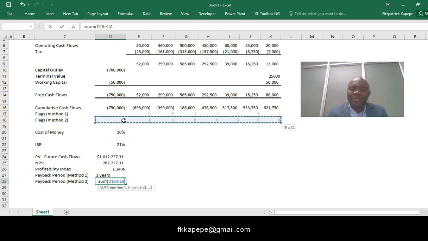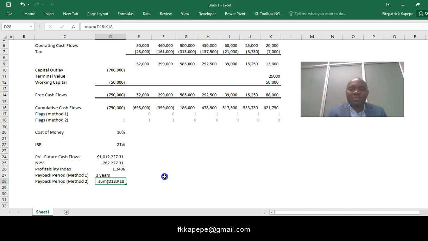Let's make this 100. So you have 3 here. You know that formatting of the years is basically cosmetics. So if we change, for example, the capital outlay to 200,000, we should be able to show 2 again.